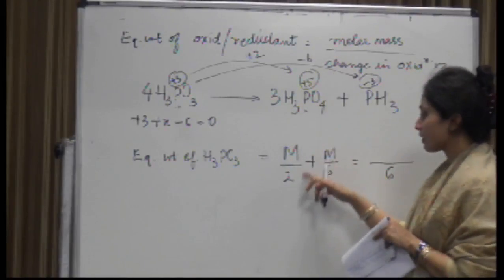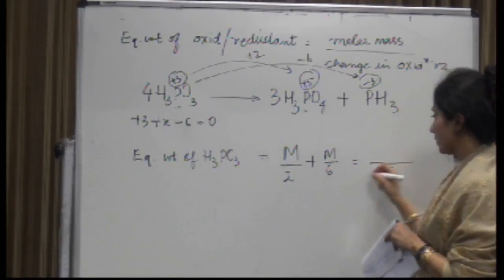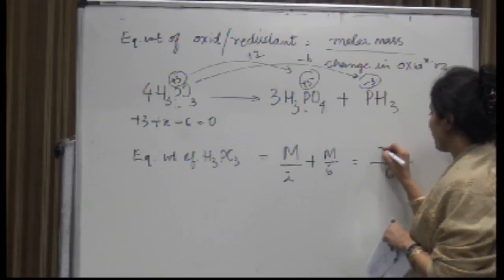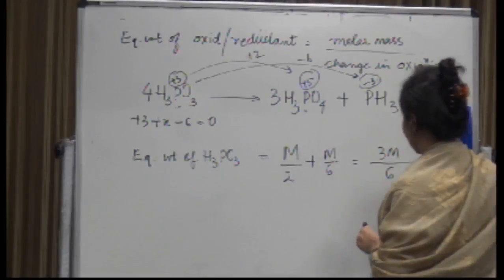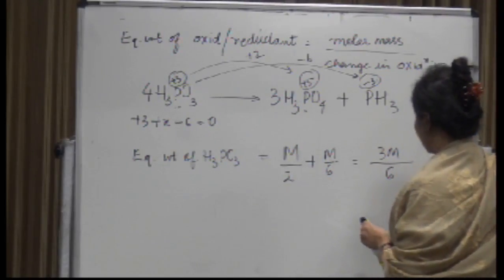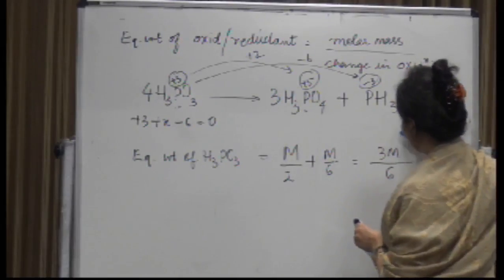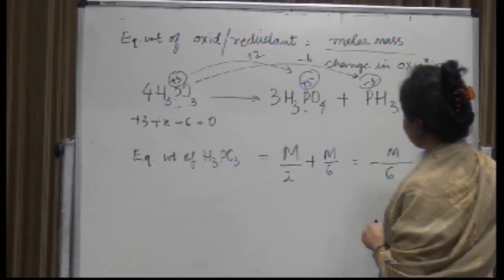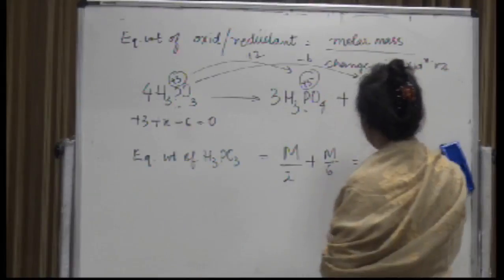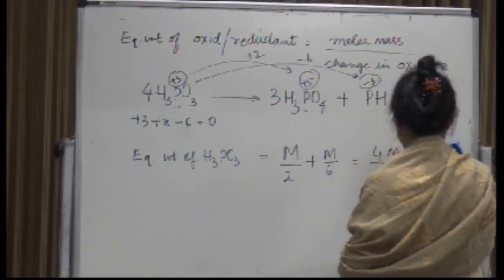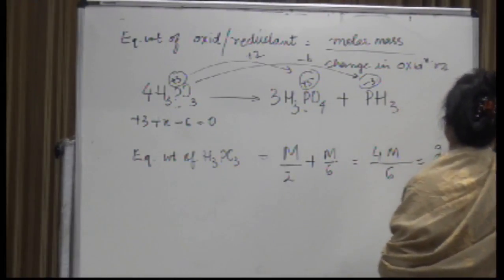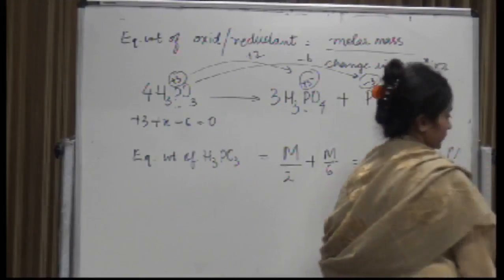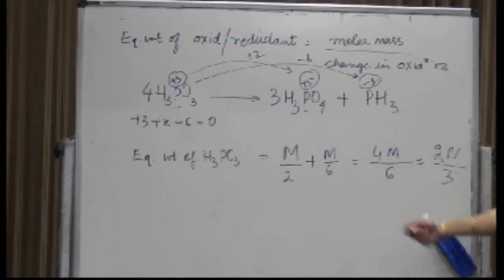So here it is m by 2 plus m by 6, it will be 2m plus m, 3m... no, this will be 3m plus m, yeah, 4m by 6. So that will be equal to 2m by 3.